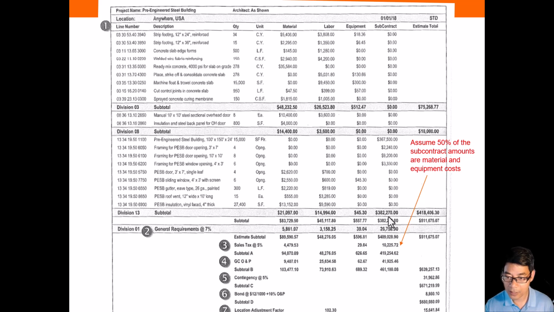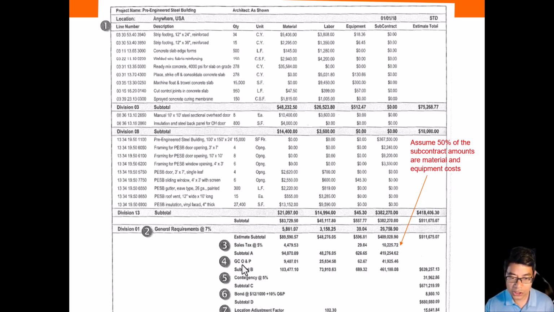So instead of applying a direct 5% to this subcontract number, we first take half of this number and then multiply by 5% to get the sales tax. Again, the sales tax rate really depends on the location of the project. This is just one example, and then we do another subtotal.